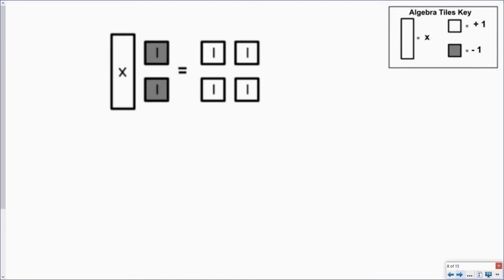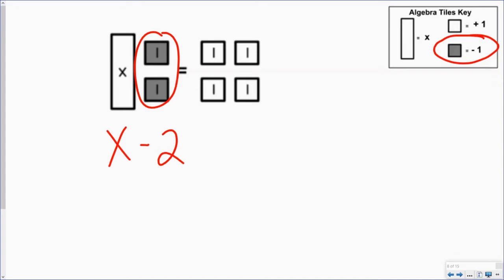Here's another one. But if you notice, this time we're subtracting, because these two are darker, and that represents subtracting 1. So I have my x here, and I have 2 of these, so I'm subtracting 2, equals, I have 1, 2, 3, 4 of these.